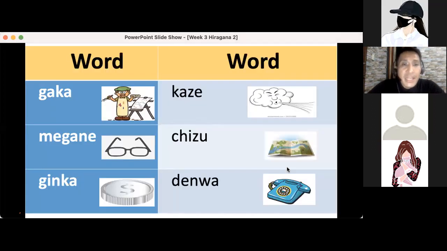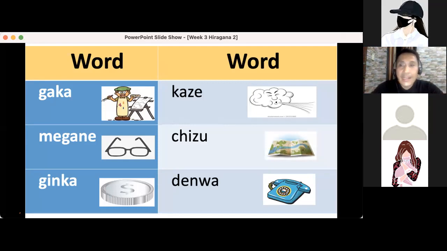Okay, so may sample tayo dito. Gaka. Okay, yung gaka ba voiced or unvoiced? Okay, actually ga is voiced, no? So pag sinabing gaka means painter, someone na nagpipaint. Megane means eyeglasses.